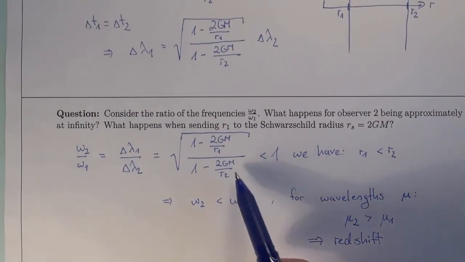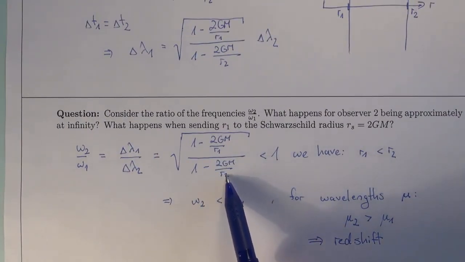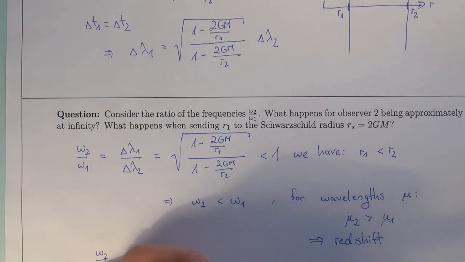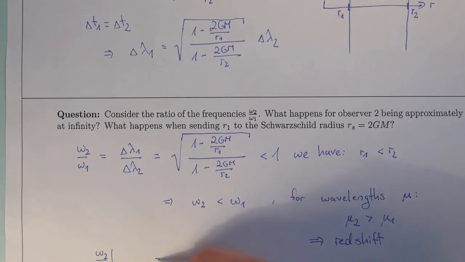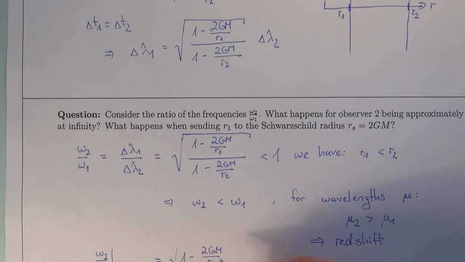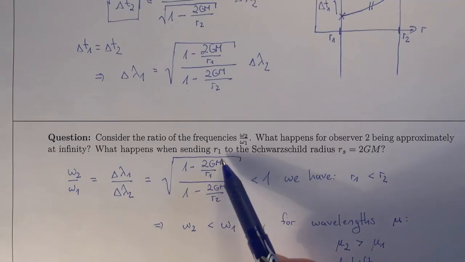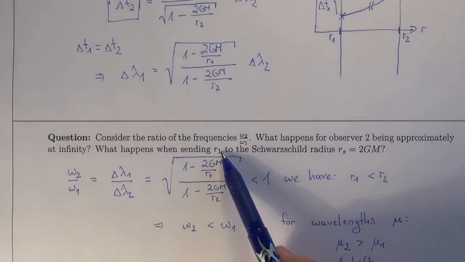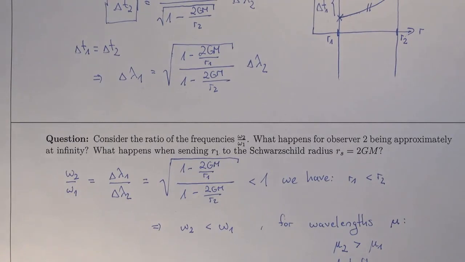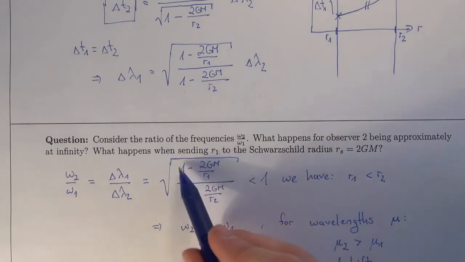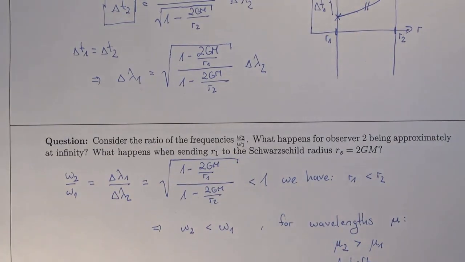So we can take the limit of this expression for large r2, and the denominator just drops out, and we find that omega 2 by omega 1 for r2 to infinity is just the square root of 1 minus 2GM divided by r1. The second special case is what happens if we send r1 to the Schwarzschild radius, Rs equals 2GM. You see that then the numerator becomes very, very small.